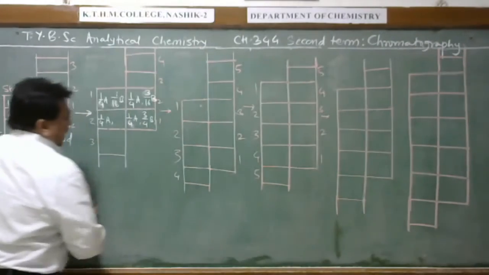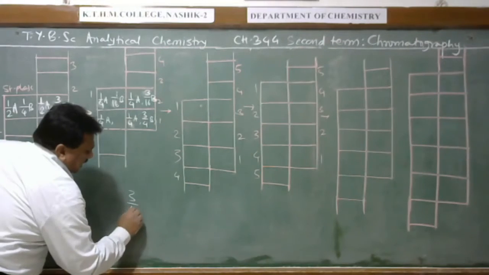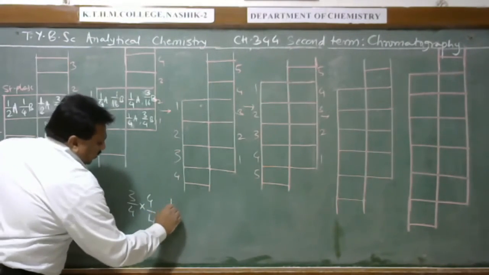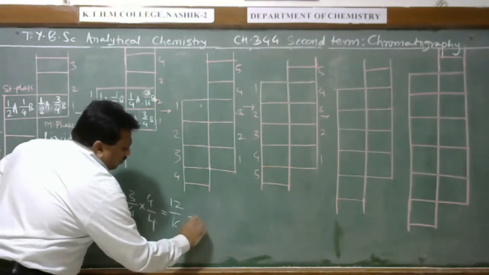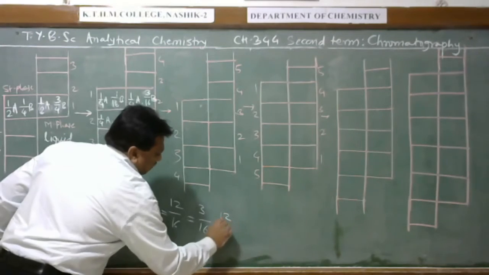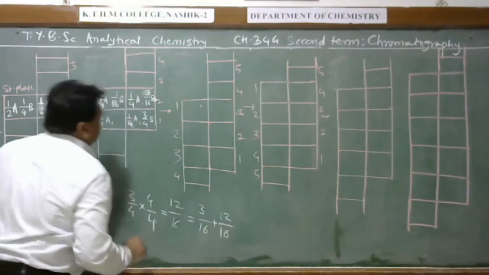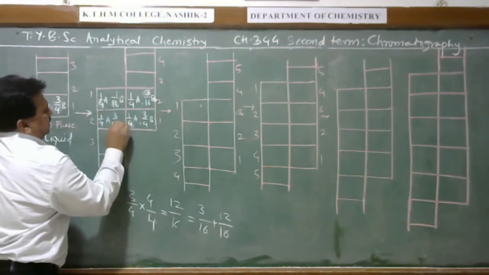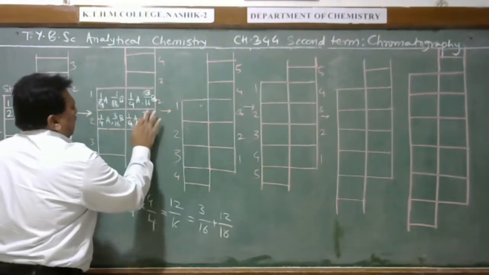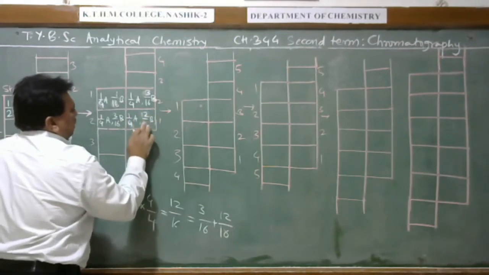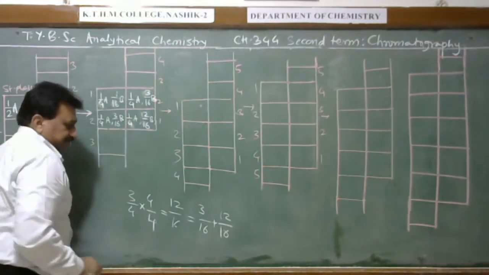For this purpose again 3/4 B into 4 divided by 4 means 12 divided by 16, which is equal to 3 divided by 16 plus 12 divided by 16. Therefore here again 25%, meaning 3/16 B, will be given here and 12/16 B will be given here.